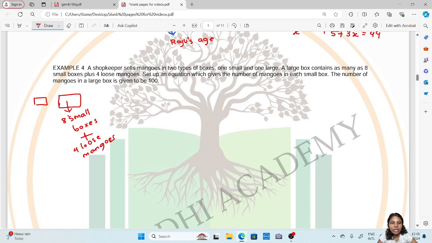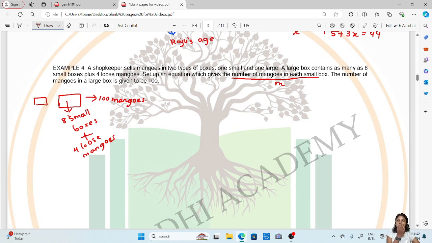So here, the number of mangoes in each small box will be given by, say, m. The number of mangoes in the large box is given to be 100. So this entire box having these 8 small boxes plus 4 loose mangoes has a total of 100 mangoes.